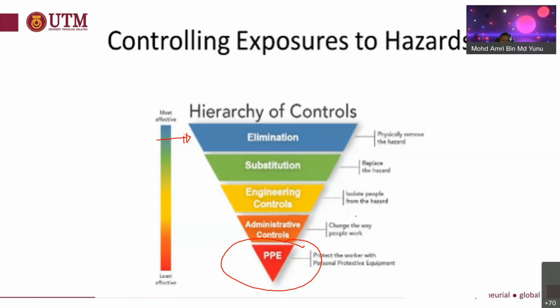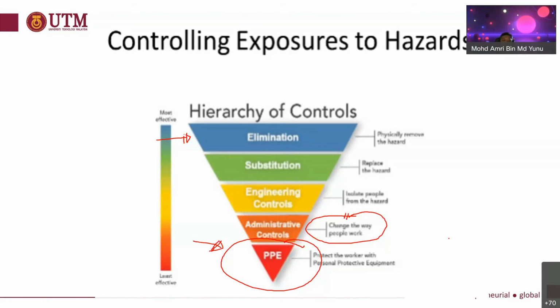This is the responsibility of the administration to check or audit that everything is in order, whether the list of chemicals is there and sorted out. And PPE, remember, is the last or least preferred thing in the control measures.